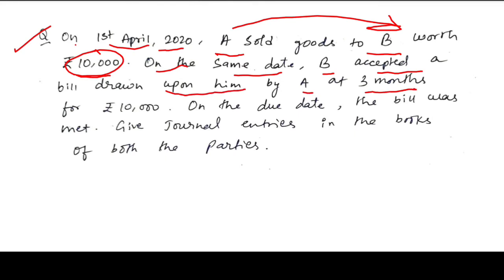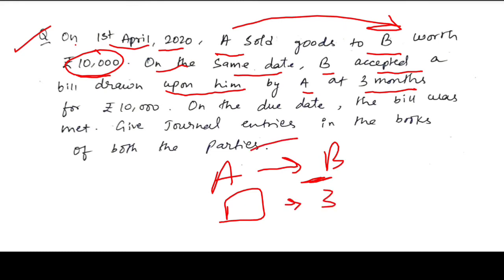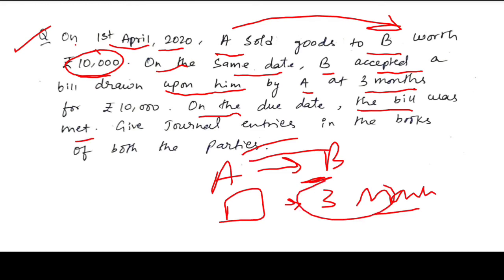So A has drawn one bill against B for 3 months. That is, B needs to pay A the bill amount after 3 months. Then, on the due date, the bill was met, meaning after 3 months, B gave money to A. So give journal entries in the books of both the parties.